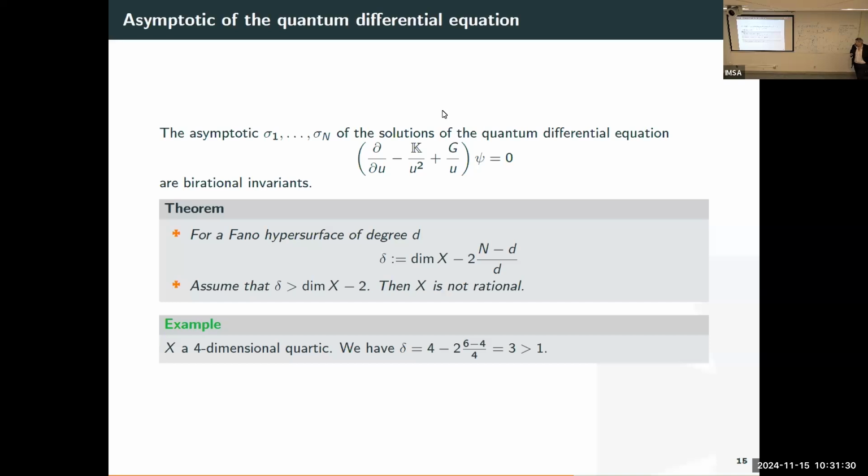And so if you have some variety of general type, the corresponding delta is going to be just equal to the dimension of the manifold.